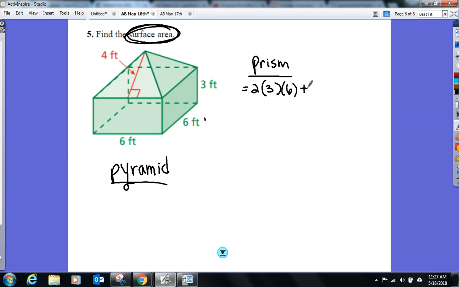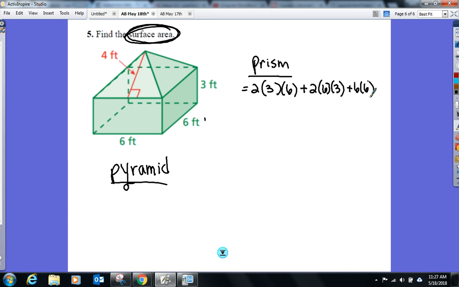Plus, you want to go front and back now. I got 2 in the front and the back, and they're what by what? 6 by 3. I do not have a top and a bottom. I only have the bottom there, which is what? 6 by 6.